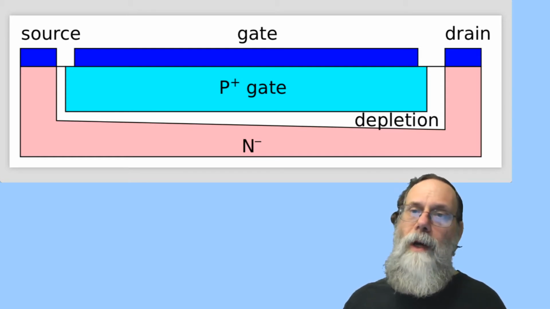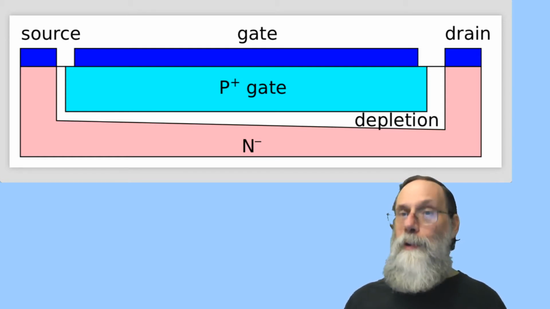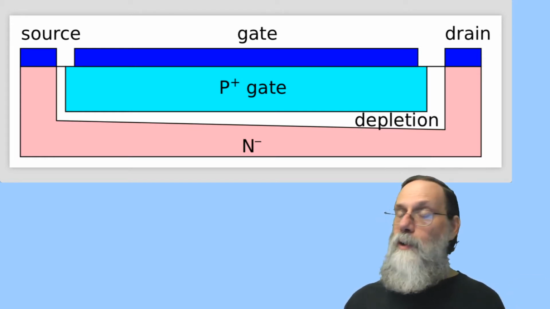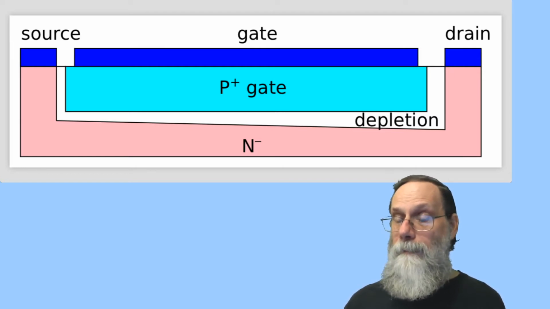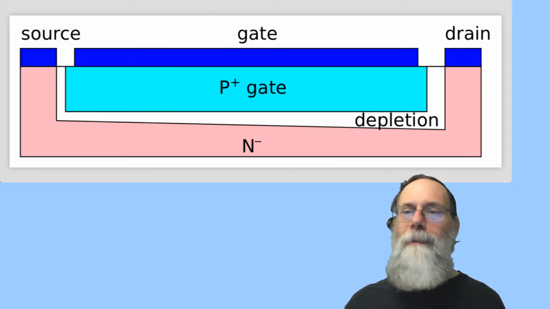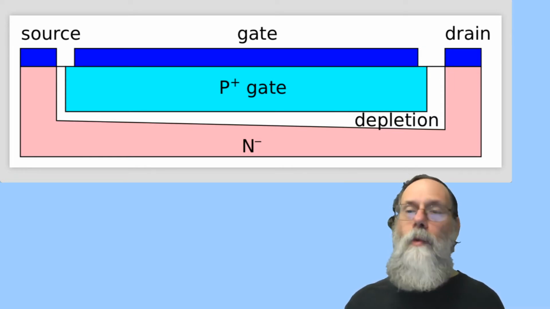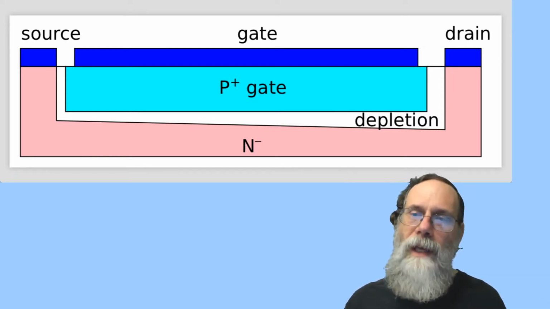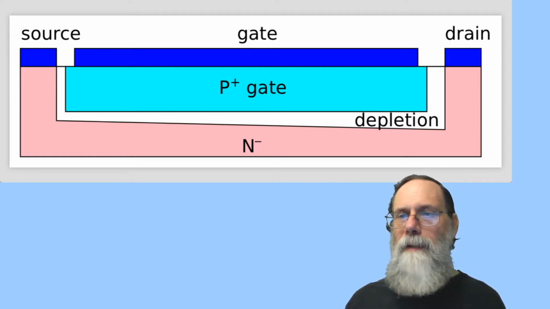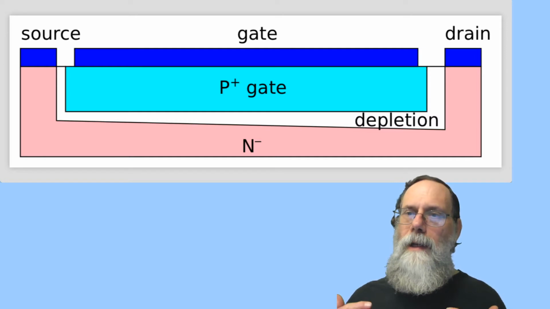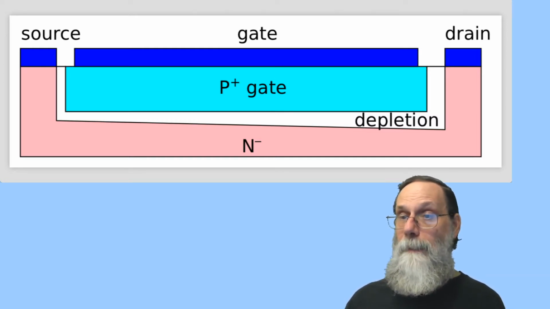So when we've got 0 volts between the gate and the source, then we have a small depletion region. The source and drain are connected, and the transistor is basically on. If we take that a little bit positive, then we stop using it as a transistor and it becomes a diode. So we don't want to do that. If we take it a little bit negative, we modulate that depletion region and affect how good the connection is between the source and the drain.